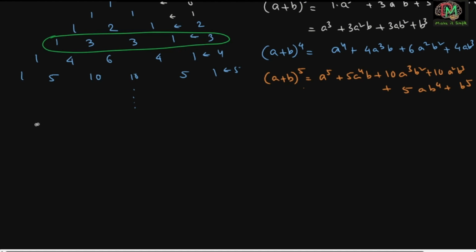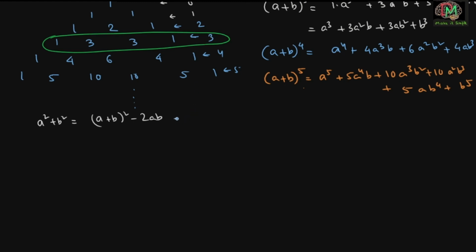Next we learn a square plus b square, then write as (a plus b) whole square minus 2ab, or we can write as (a minus b) whole square plus 2ab. From where do we get this value? (a plus b) whole square minus 2ab.